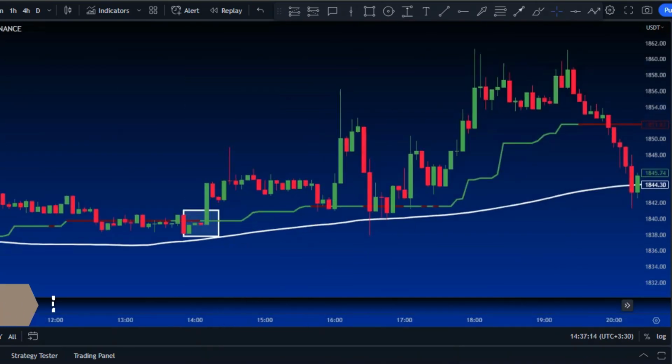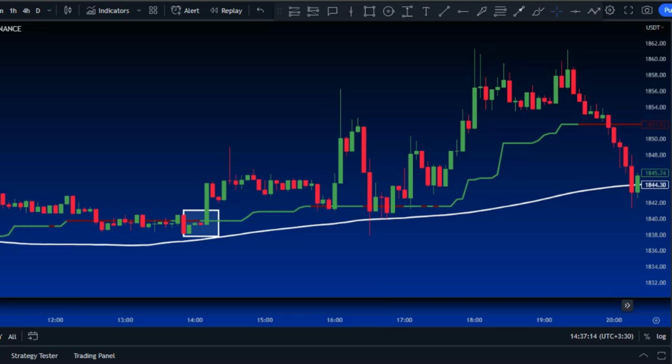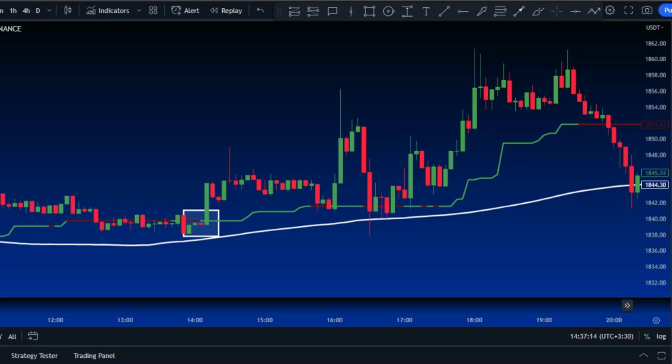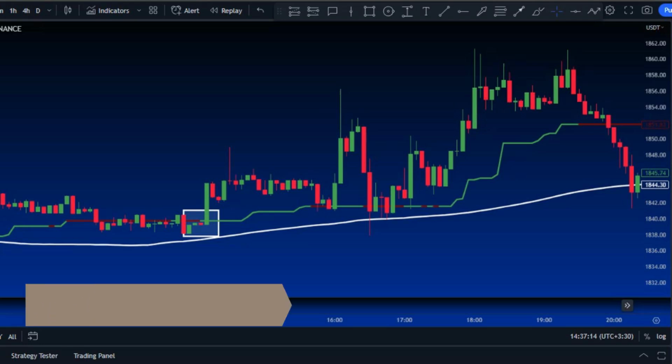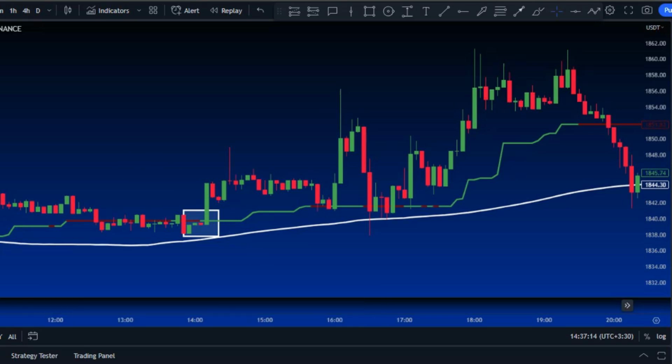And here are the rules for long trades. Step 1. The color of the Trend Magic indicator line needs to switch from red to green. Then a bullish candle needs to close above the Trend Magic line. Step 2. Make sure the signal candle is also above the 145 period moving average line, so our trade is in the direction of the trend.